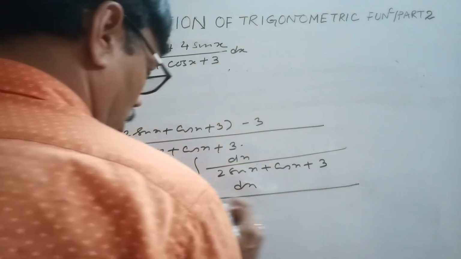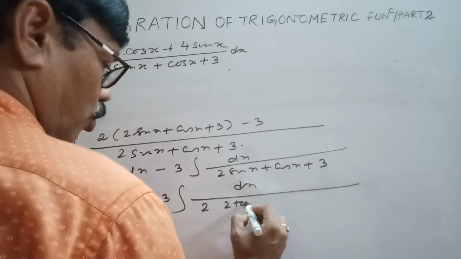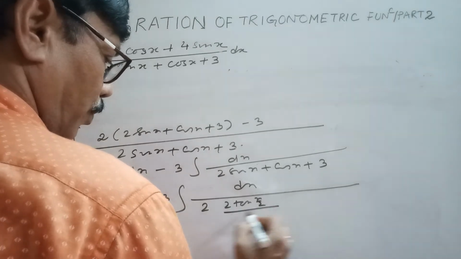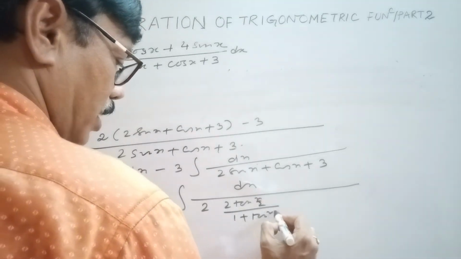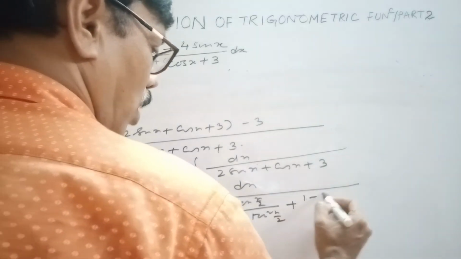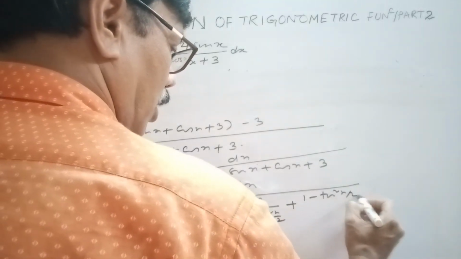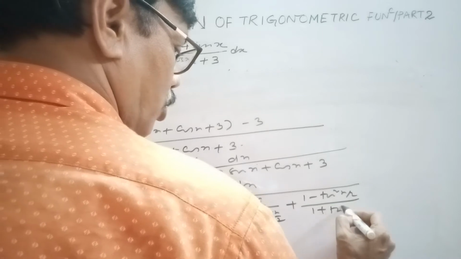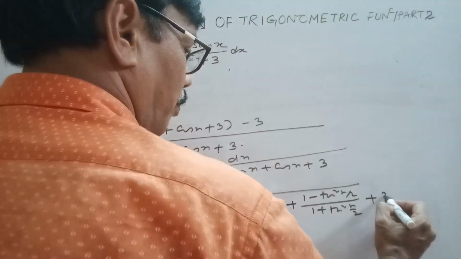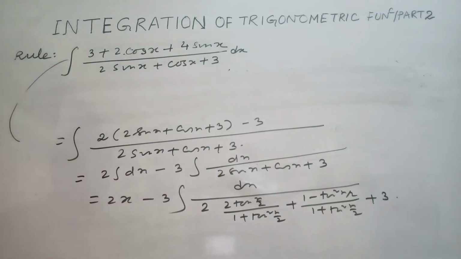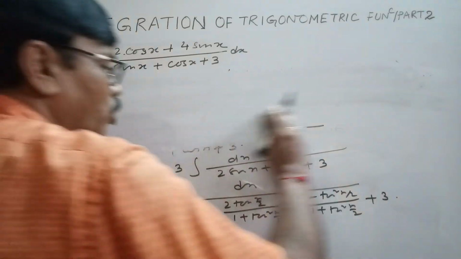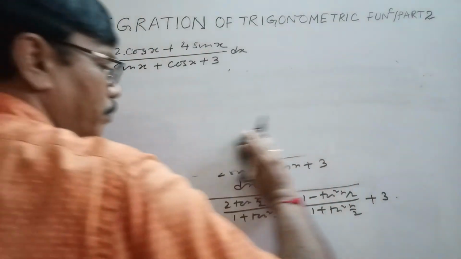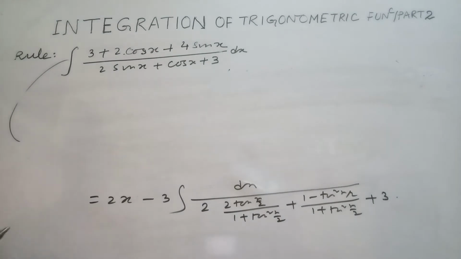Now it is 2x, and this is 3, and we know the rule. What is our rule? Substitute sin x equals 2 tan(x/2) over 1 plus tan square(x/2), and cos x equals 1 minus tan square(x/2) over 1 plus tan square(x/2), plus 3. We have already solved this type of problem in the previous method.